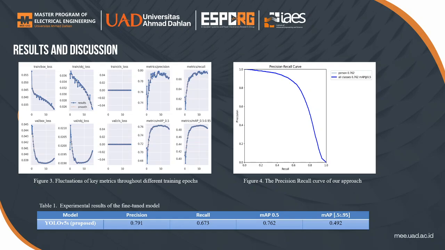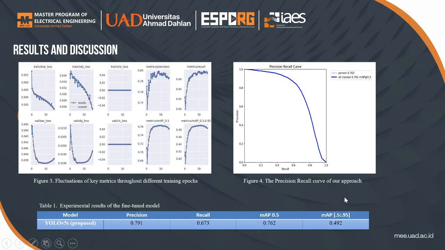Also, the box loss, which assesses the alignment of the bounding box with the ground truth, and the class loss, which reflects the accuracy of the algorithm in predicting the object class. The analysis of this figure indicates the effective fine-tuning of the model, with the initial epochs reflecting the performance of the pre-trained weights and the subsequent epochs illustrating progressive enhancements achieved through the fine-tuning process.